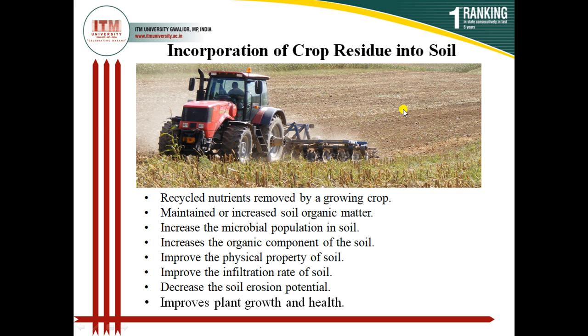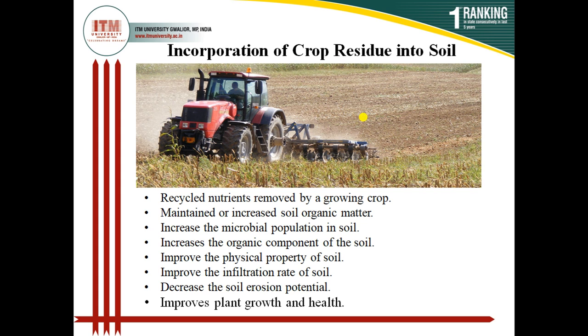Here you are seeing that the residue has been incorporated into the soil, but it is still in raw form. After that, irrigation is required because of aerobic composting of the agriculture waste, which I have already explained to you. Remember that lecture on factors affecting decomposition.